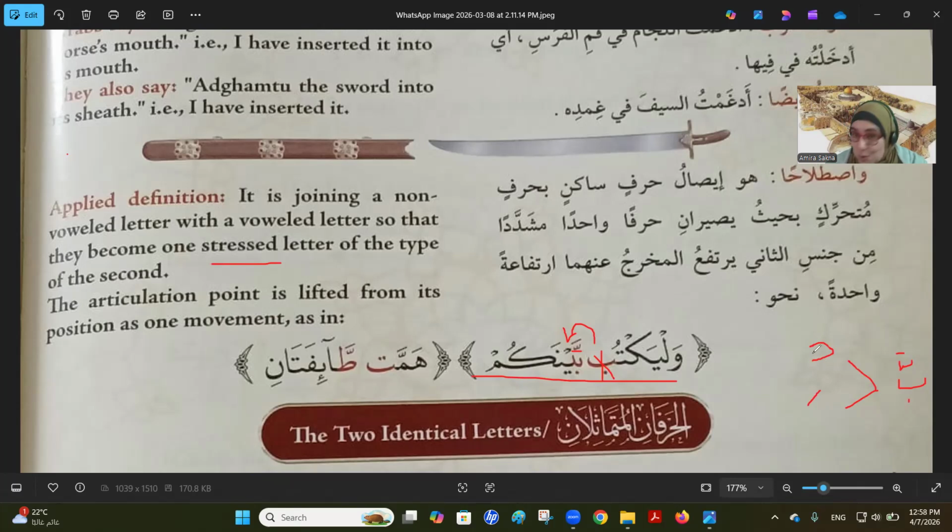So no way to apply qalqala. Even if you try, you cannot pronounce it. Just give it the time and then I will pronounce the fatha.